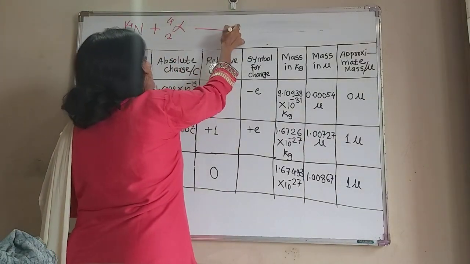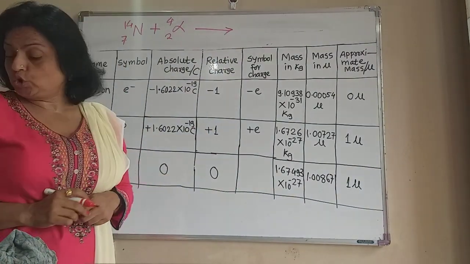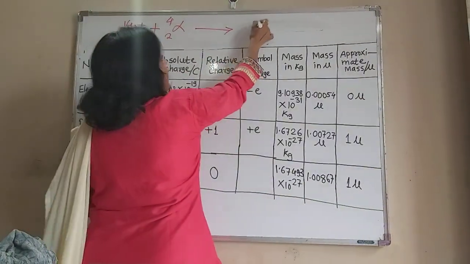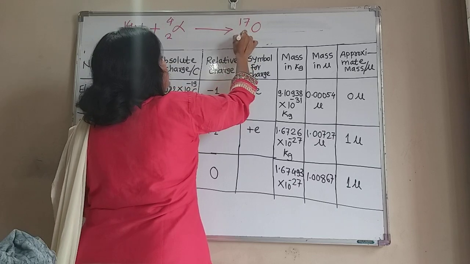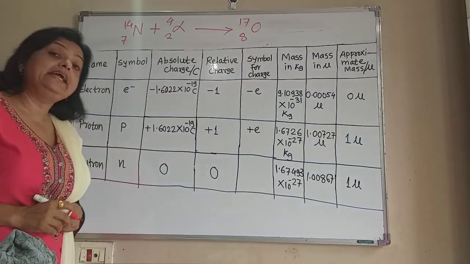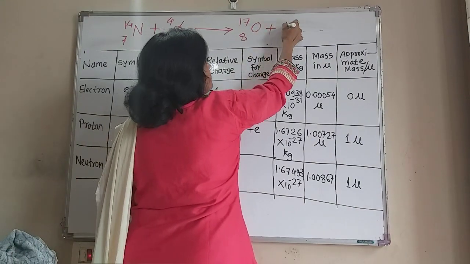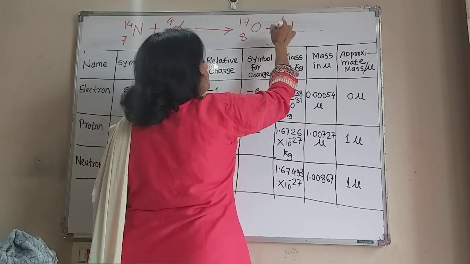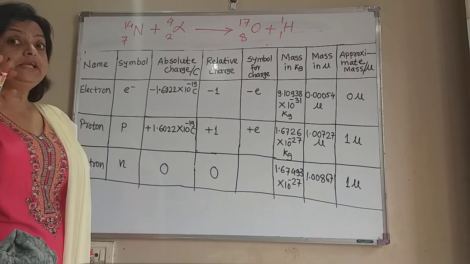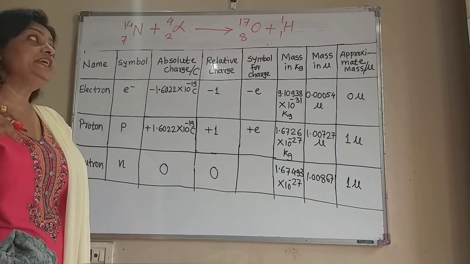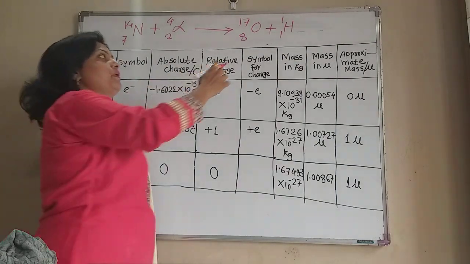There is formation of an isotope of oxygen having mass number 17 and atomic number 8. And again some light particles, the hydrogen nuclei, emerge out.